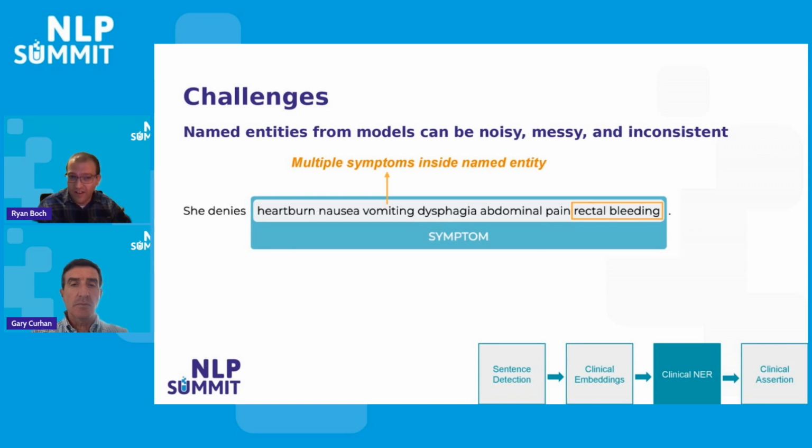Now, again, this is maybe a consequence more of the data rather than the model, because if you had commas here, it's likely these would be separate symptoms. But since there are no commas, not really a grammatically correct sentence, all of the symptoms get included in this single entity. Again, most importantly, rectal bleeding is included, but it makes this data a little bit harder to work with on the output.